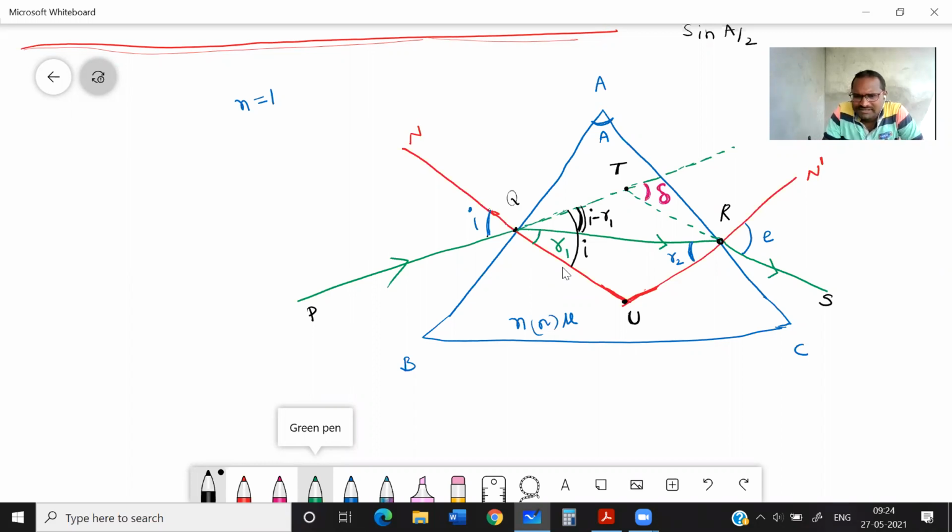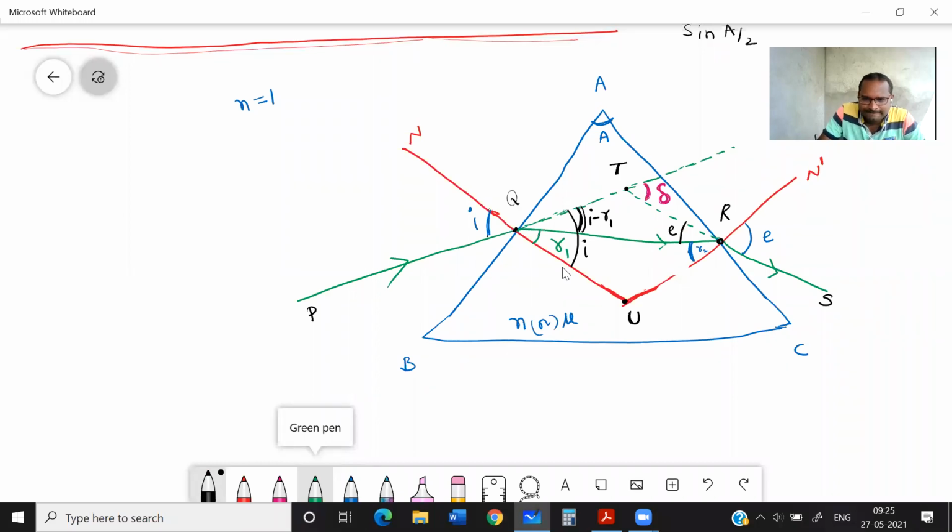One more point. See this red color N dash and S ray. This angle is E. Then this angle also is E. This is R2, right?